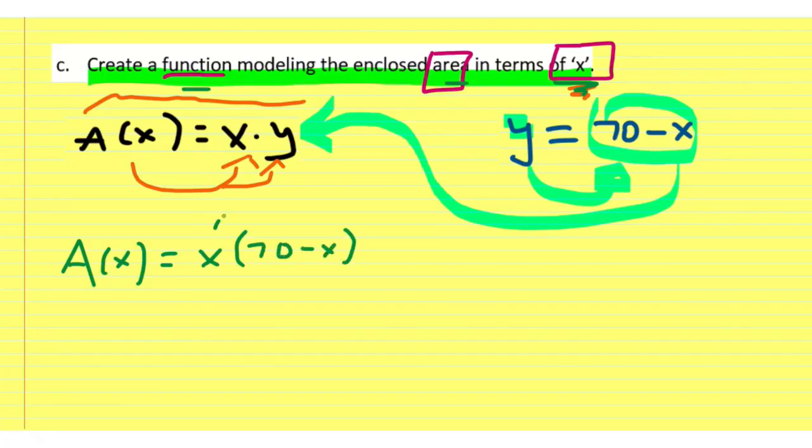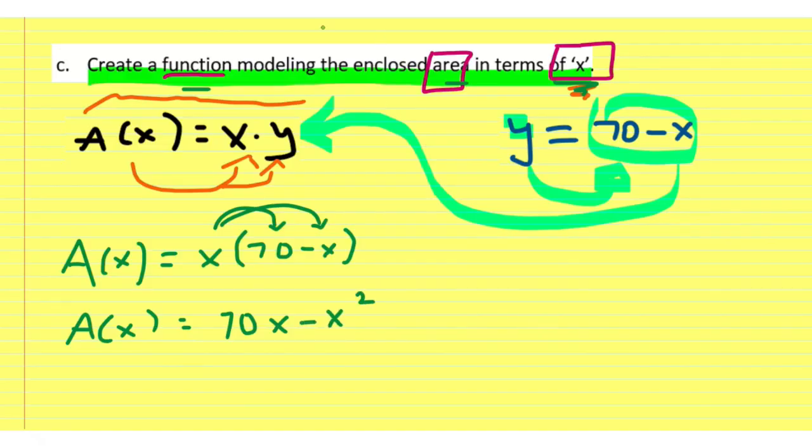And then I can simplify that by distributing the x into the parentheses to every part. So then A of x is equal to 70x minus x squared. Okay, so this gets us exactly where we want to be.